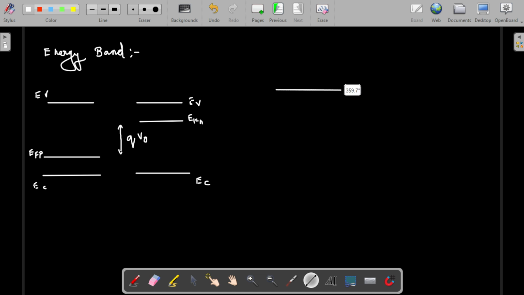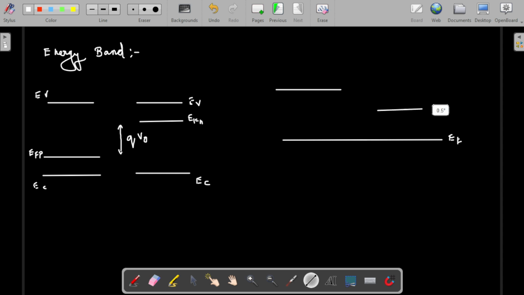this is the P type. The Fermi levels will be joined. By combining both, we will represent that as EF. This EFP and EFN will both be joined together because they are combined. So when two junctions are combined, here you see this is going up, this is coming down. So let me represent the EC here.